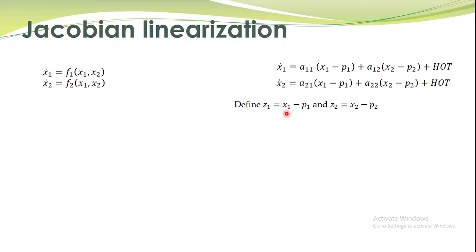So z1 dot is equal to x1 dot, and x1 dot is written over here. That is, z1 dot is simply equal to a11 z1 plus a12 z2 plus higher order terms. Likewise, z2 dot is simply equal to x2 dot, and x2 dot is given by this expression, which is written over here in terms of z1 and z2.